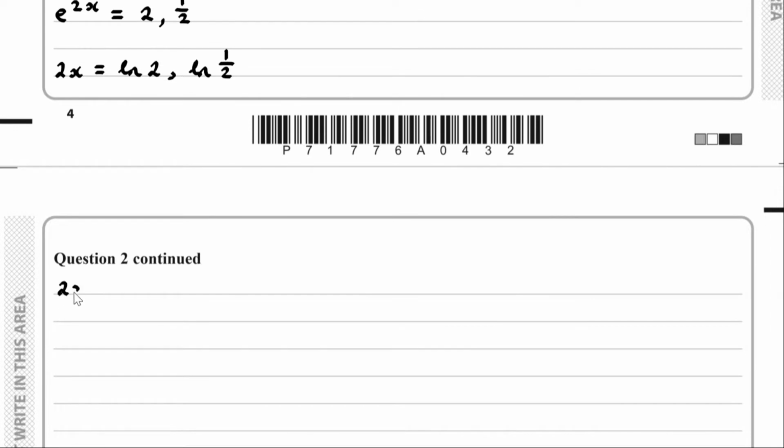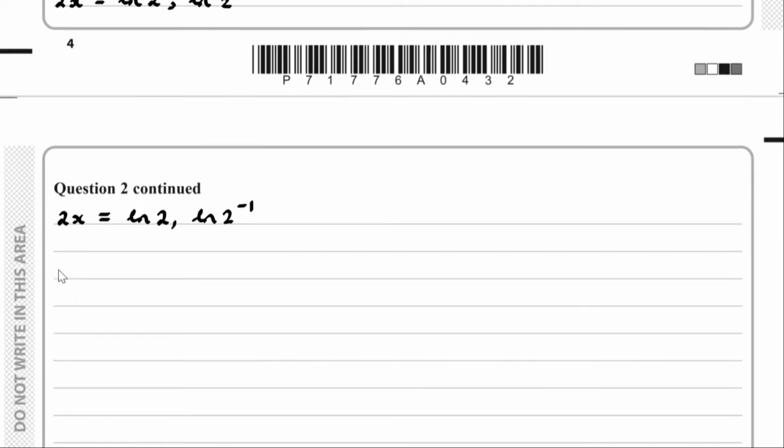So 2x is either equal to the natural log of 2 or the natural log of 2 to the power of minus 1. So 2x is either equal to the natural log of 2 or minus the natural log of 2. And so therefore x is equal to 1/2 times the natural log of 2 or minus 1/2 times the natural log of 2. Here are the solutions to the equation.